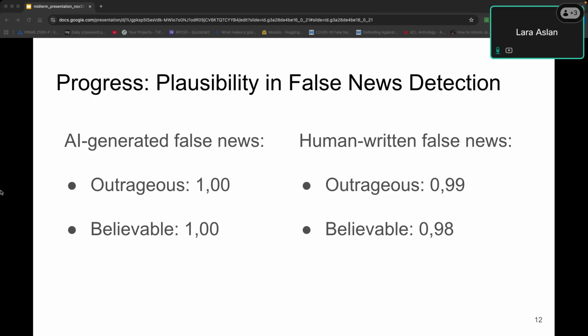Similarly, the detection accuracy was very high for both outrageous and believable human-written false news, with no dramatic differences between the results. From these results, we can make the assumption that content plausibility doesn't seem to affect detection accuracy. The linguistic or structural patterns used by the models to classify the text are more important than the content believability.